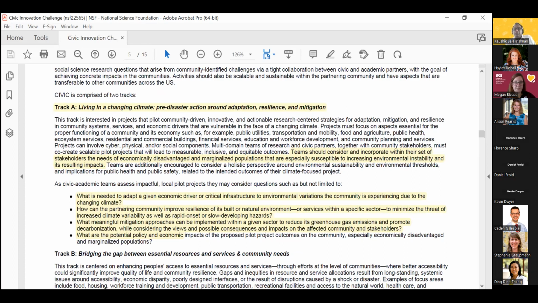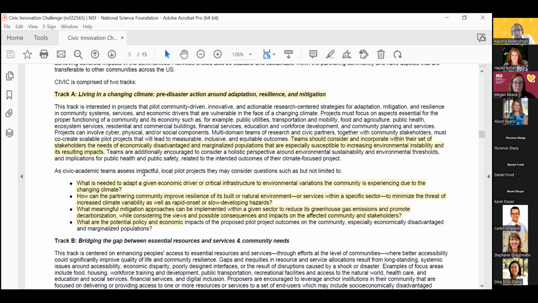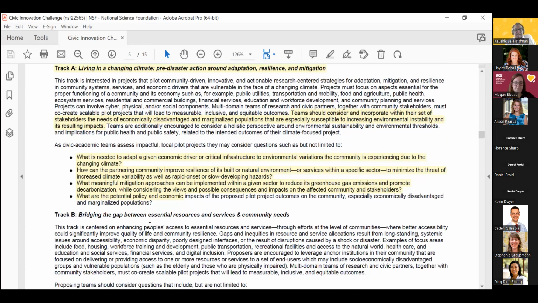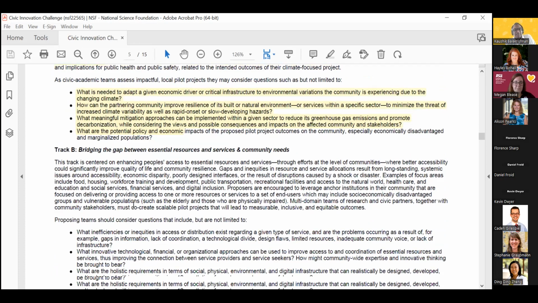So it's a lot of planning and a lot of resilience within the community or the system that you're trying to put in place. NSF has also given you a series of questions, which means you should be answering these questions in the proposal directly. It's explicit here that you answer it.